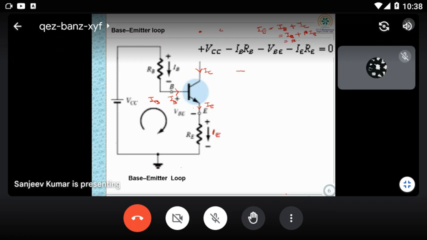So I can write (beta plus 1) IB. Since beta is very much higher than 1, I can also write IE is approximately equal to beta IB.